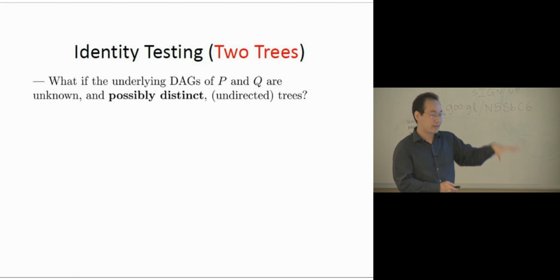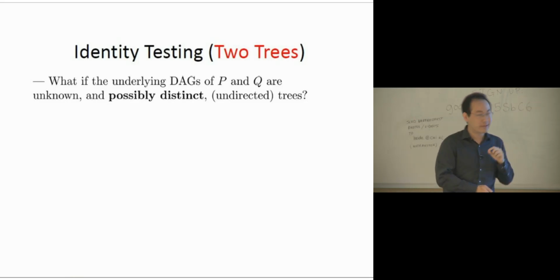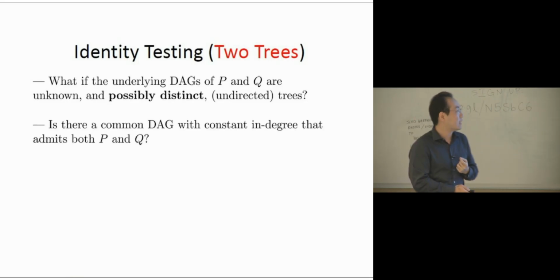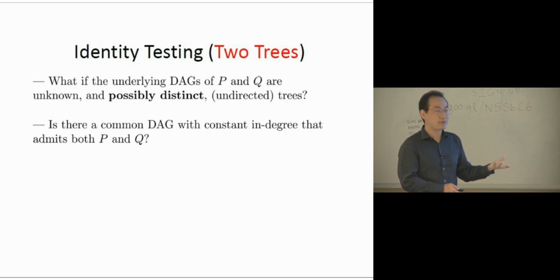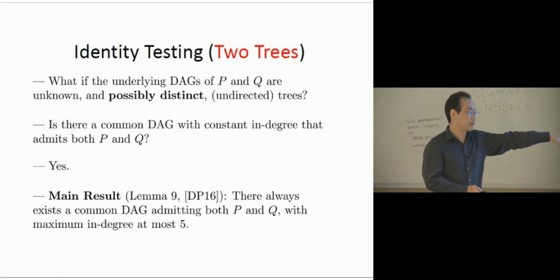Just now we assumed the underlying DAG is the same, but what if they are different? So we also study the case in which the underlying DAGs are different trees. And we can actually find a common DAG with a constant in-degree that admits both trees. This is a purely combinatorial result that shows it is possible.